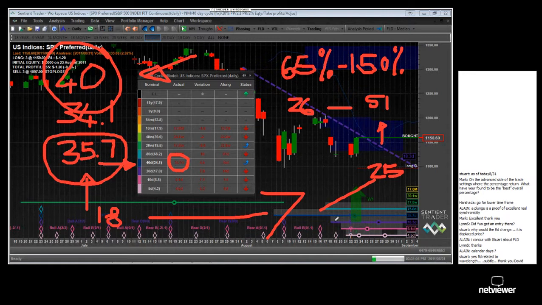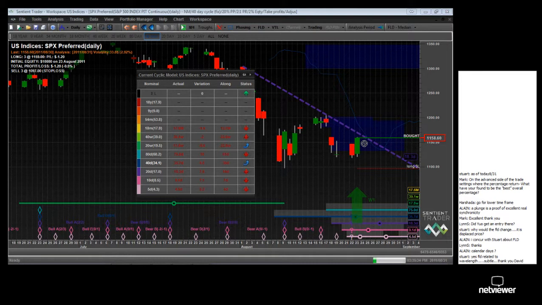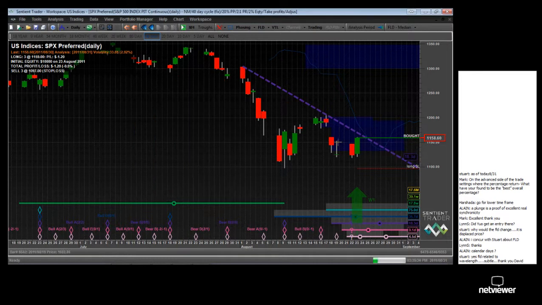So there is in fact a 7-bar difference between the placing of the FLD on a 35.7 cycle and a 51-day cycle. But they are both the 40-day cycle. So when the analysis changes, your FLD could jump by up to 7 bars.